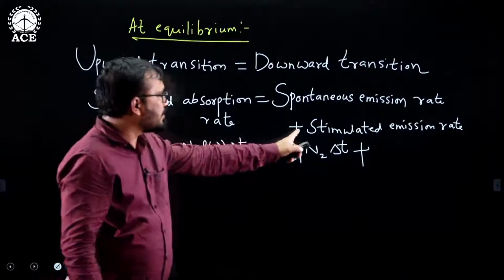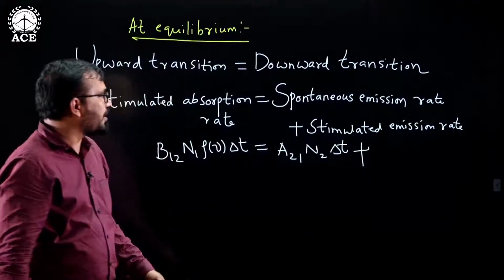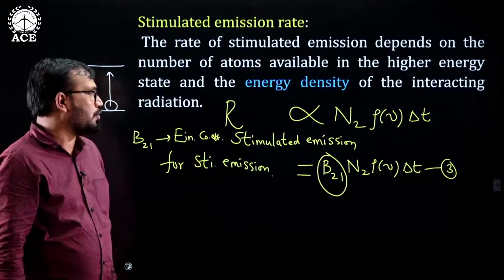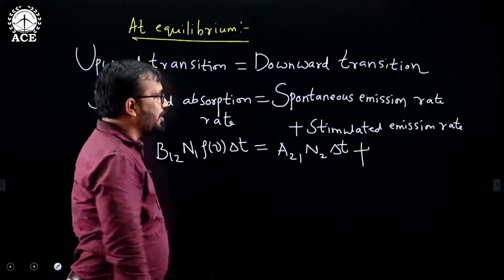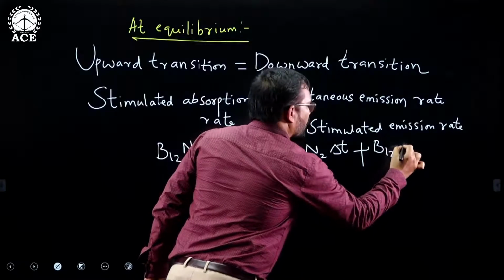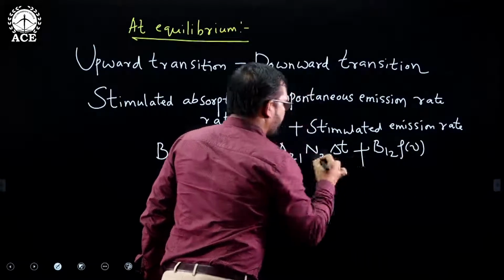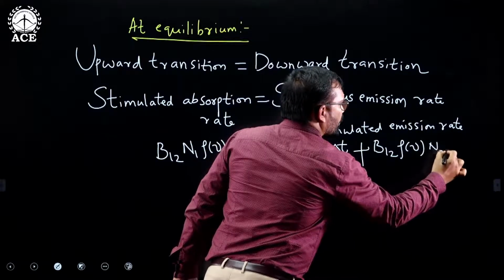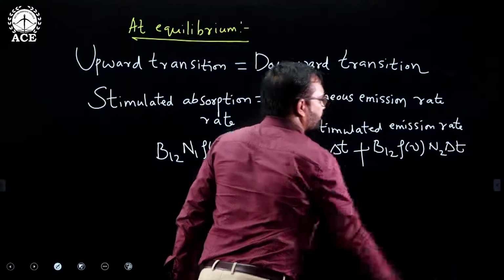Next, plus stimulated emission rate. What is the stimulated emission rate? B21 N2 rho nu. So that is the stimulated emission rate: B21 rho nu and N2 over transition time delta T.